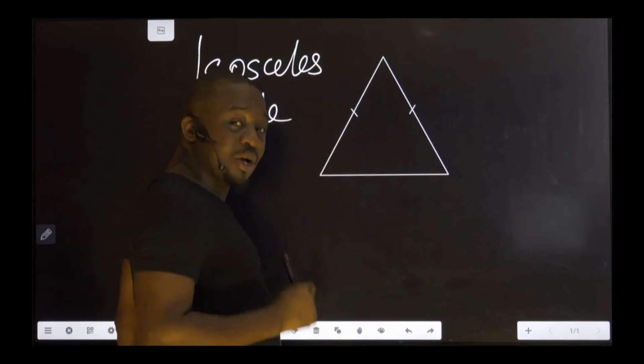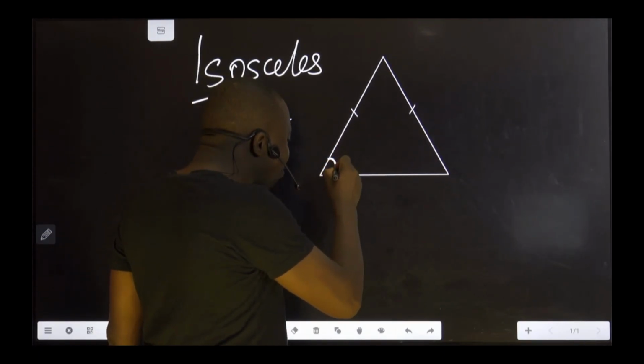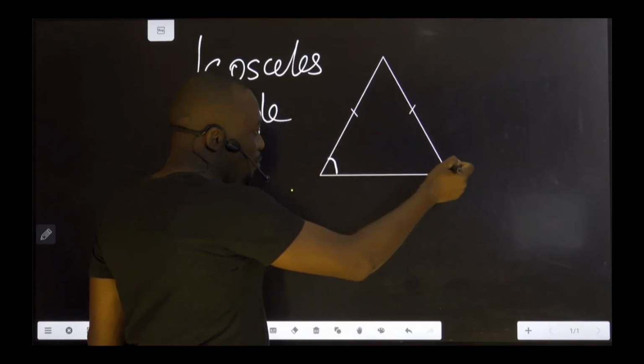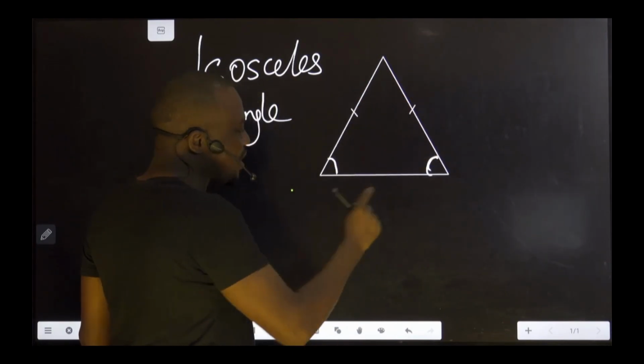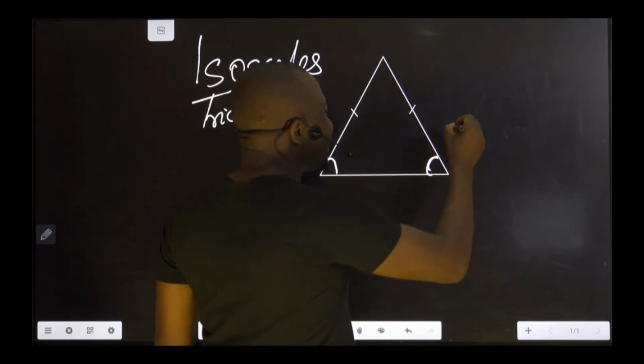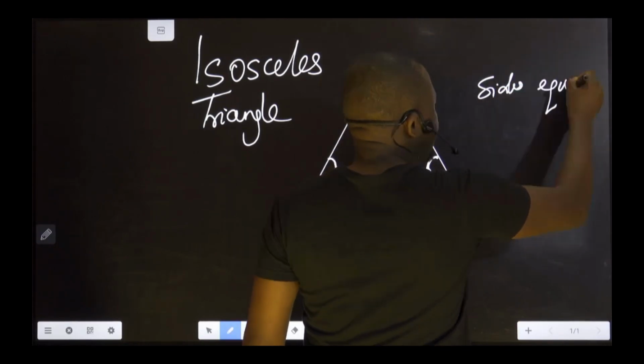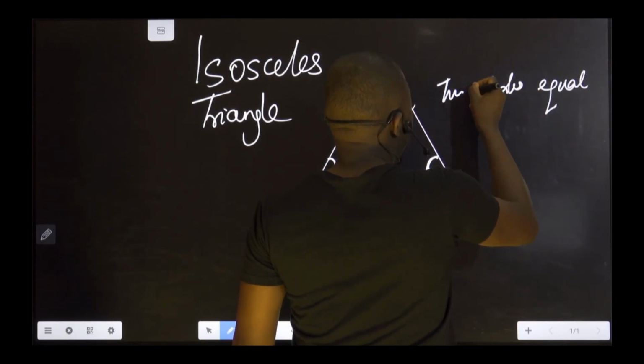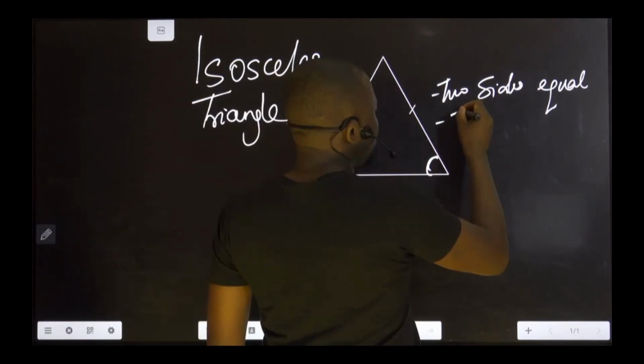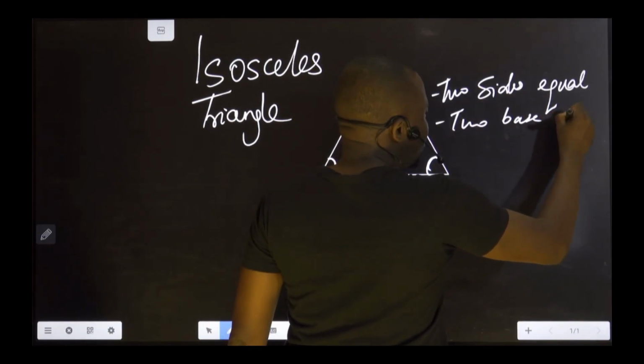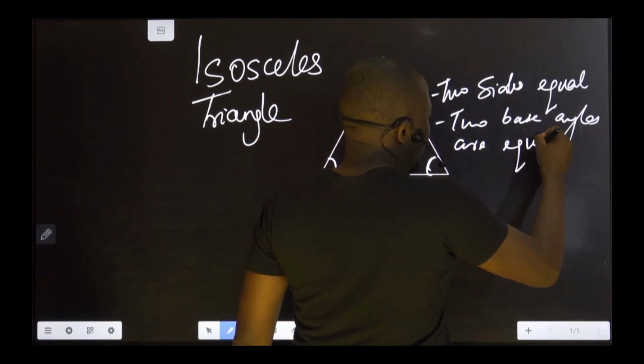If the sides are equal, therefore the base angles are equal. So one, the two sides are equal. Secondly, the two base angles are equal.